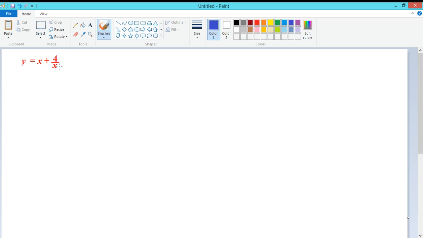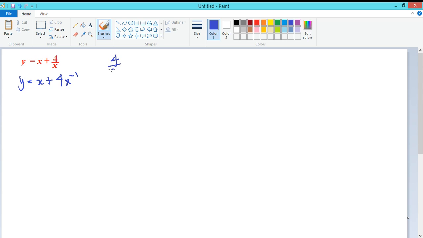To be able to differentiate this function effectively, or very simply, we need to rewrite this function as y is equal to x plus 4x to the power negative 1. That's by the laws of indices.